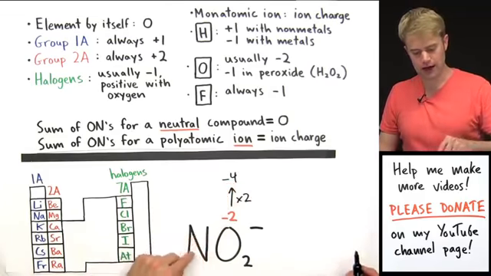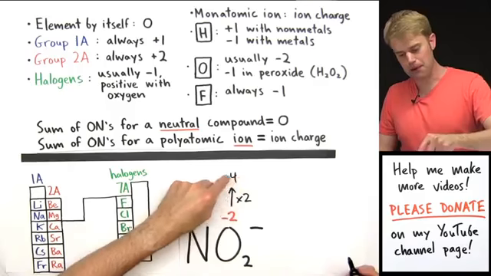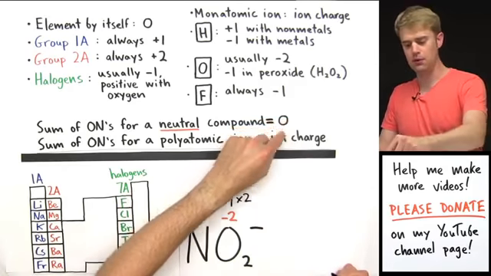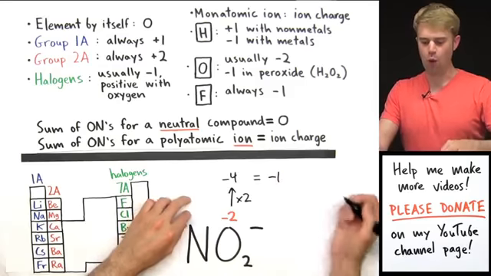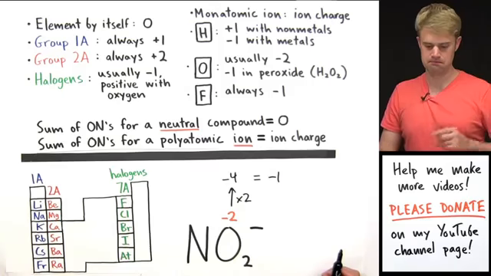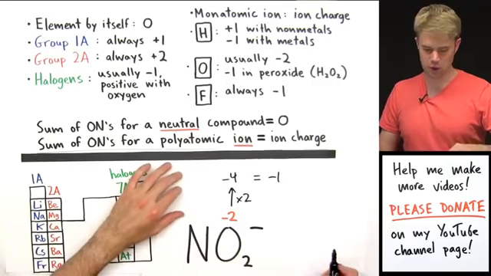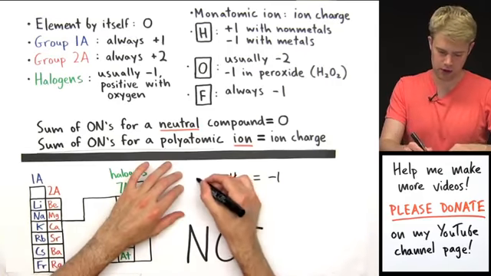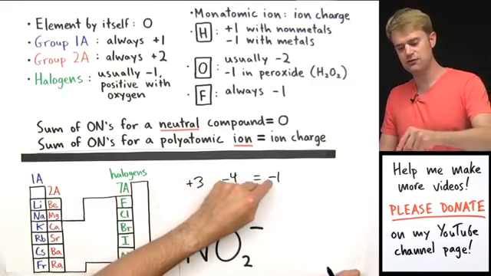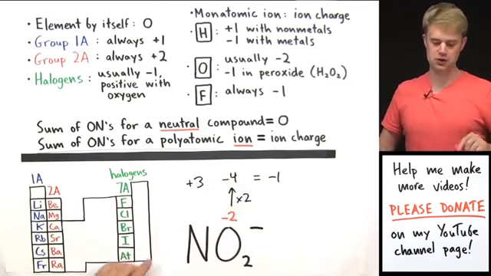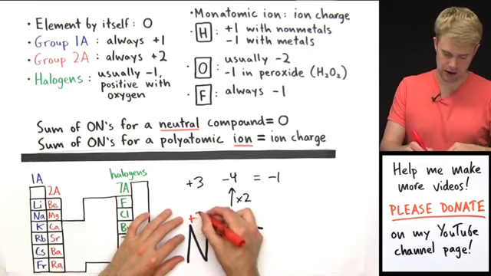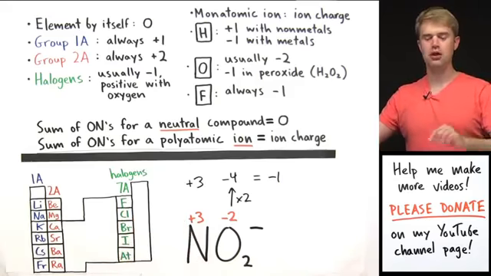Now, whatever nitrogen's is, when we combine it with -4, we need to get not 0, but we need to get -1, because that's what the ion charge of NO2 1- is. So this means that +3 plus -4 gives us -1, which means that the oxidation number here on nitrogen is going to be +3.